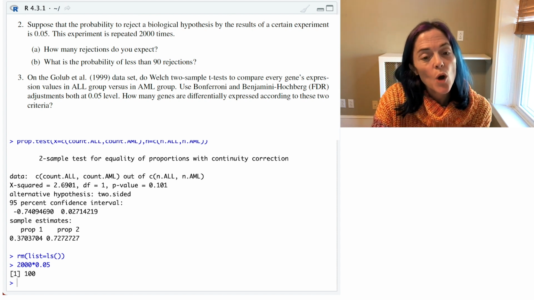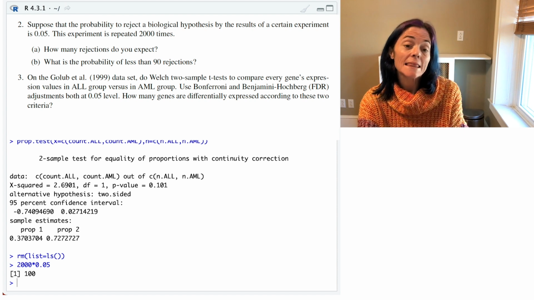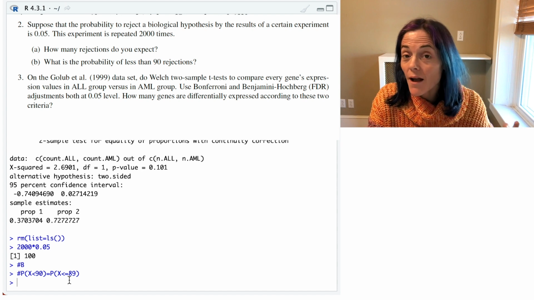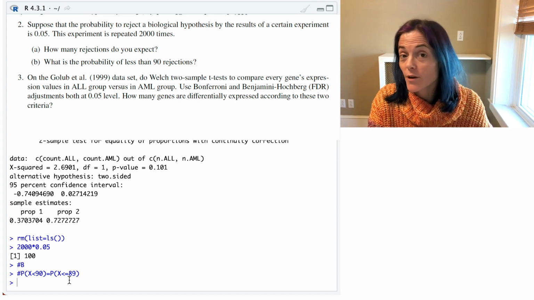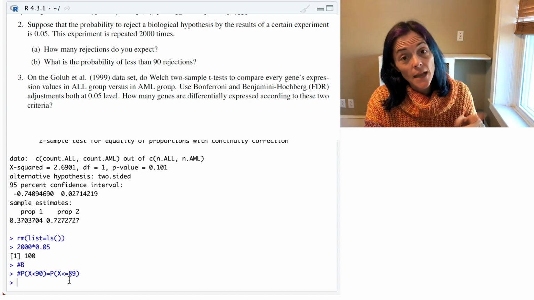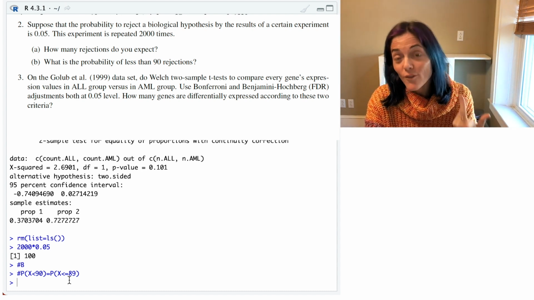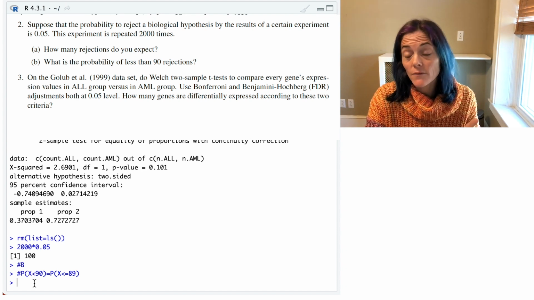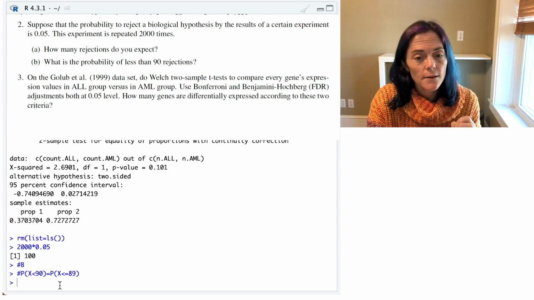Next question, what is the probability of making less than 90 rejections? We're really talking about a binomial random variable here, where the n is 2,000 and the p is 0.05. So we want the probability that this binomial random variable is less than 90.